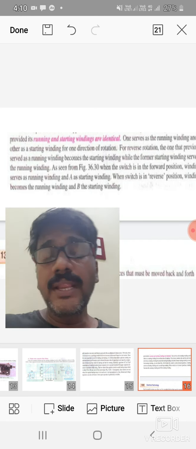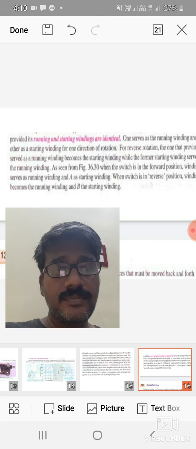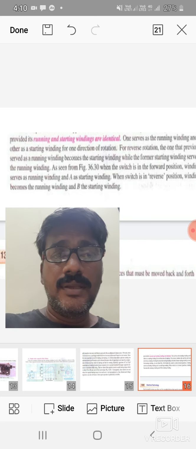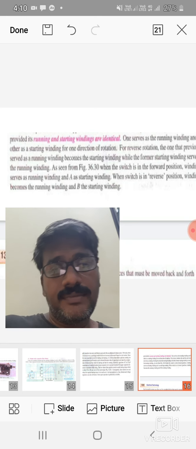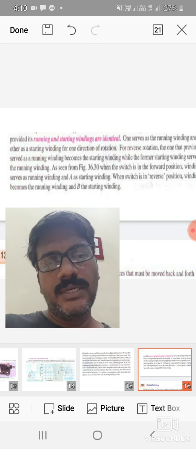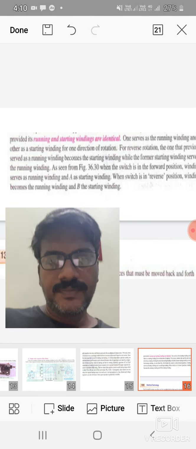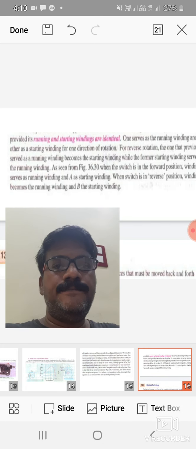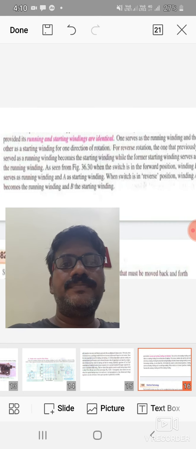Actually we use both identical windings, and simply by changing the connections of the capacitor, we can change the direction of rotation of the motor.